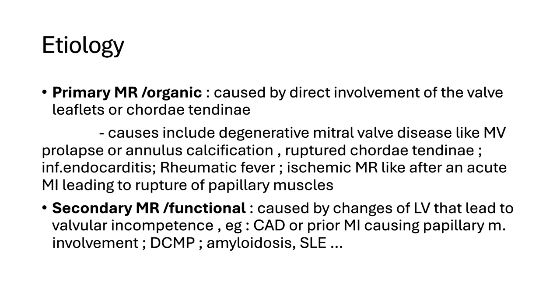The main causes include degenerative mitral valve disease, for example a prolapse, in which the leaflets bulge into the left atrium, which creates a space, and this blood during systole leaks from the left ventricle into the left atrium.